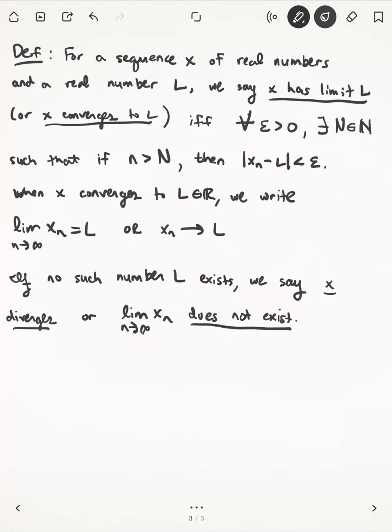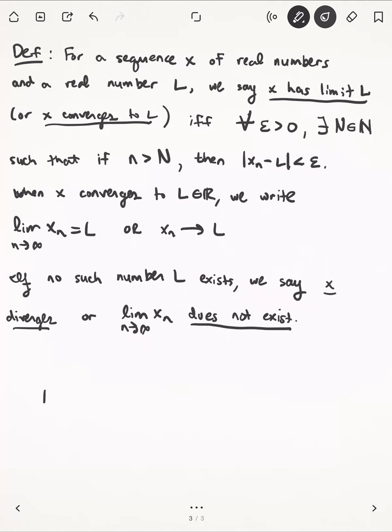Okay, so this definition, students sometimes struggle with it because it is quite technical. But let me draw you a picture. Actually, before I draw a picture, let me just say it in words. Say I have a sequence that looks like something as follows.